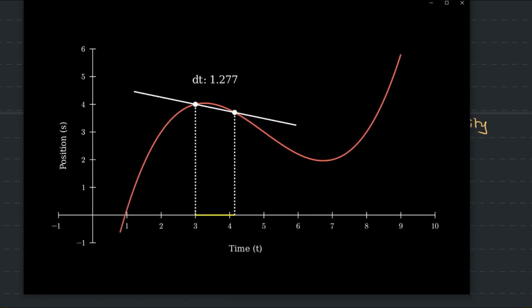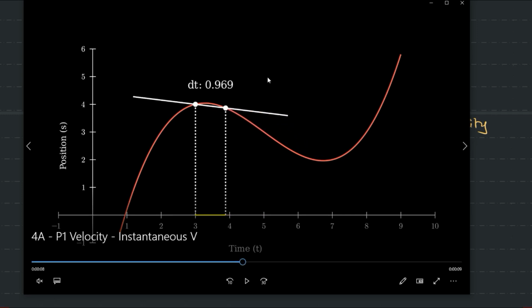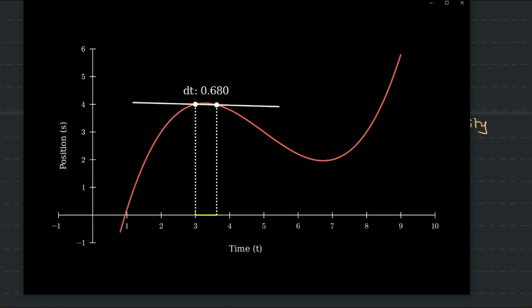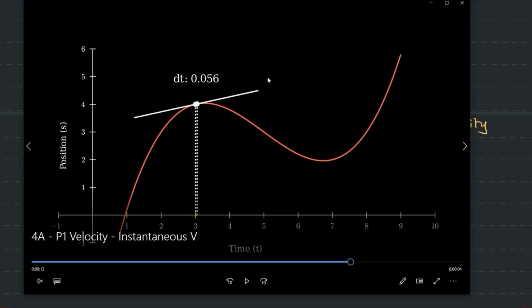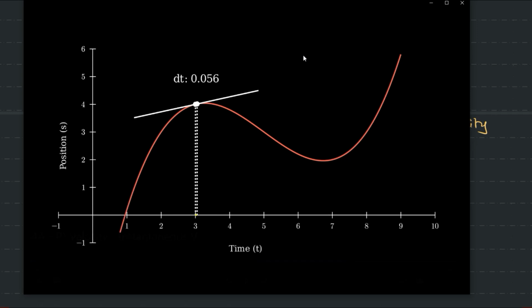As you can see, we're getting closer and closer. Observe dt at the top. It's 0.969. The dt value over here is also a very big value. So this is still not instantaneous, but we're getting close to it.